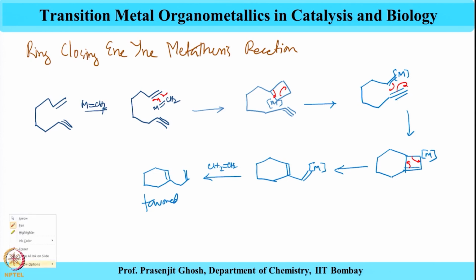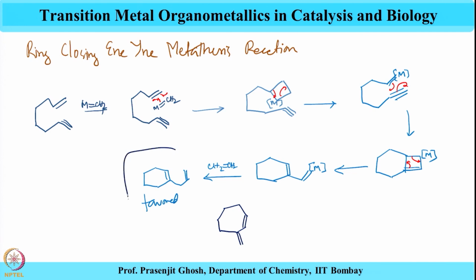There are other possibilities, like formation of a seven-membered ring as is shown here. Something like this is not observed.